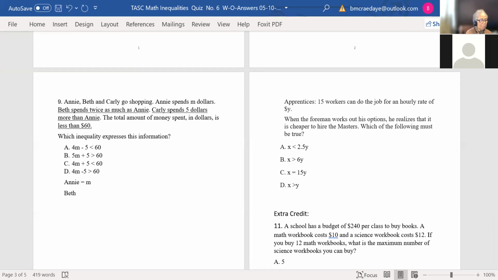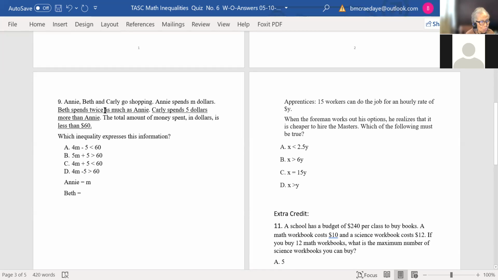I write M plus. No, twice as much is a multiplication. So what did Beth spend? Twice as much as Annie. How did you translate that to the math? No, we're talking about Beth.